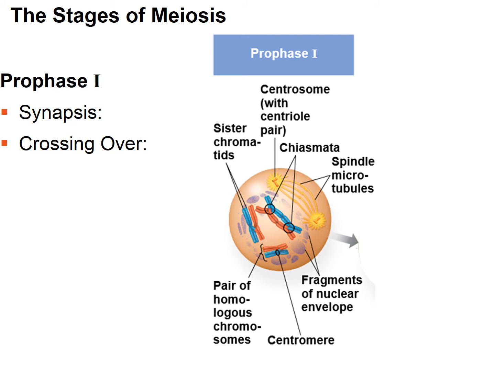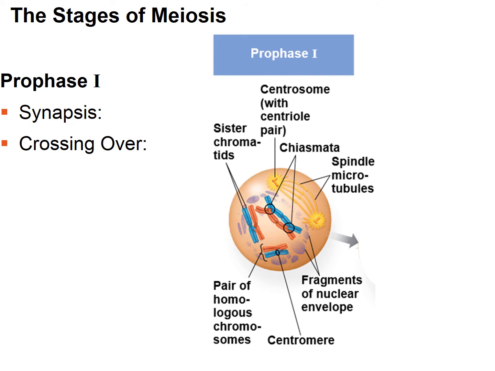Then we have what's called crossing over. This is when genetic material is swapped between non-sister chromatids. So one of the chromatids from your father's chromosome number 1 and one from your mother's number 1 are going to exchange genetic material. This is what leads to genetic diversity.